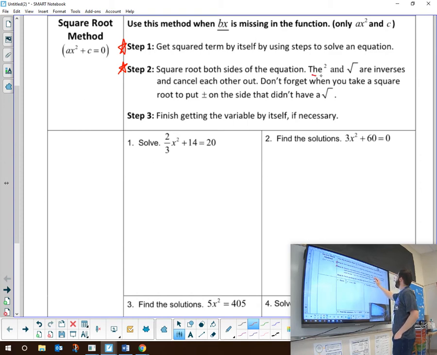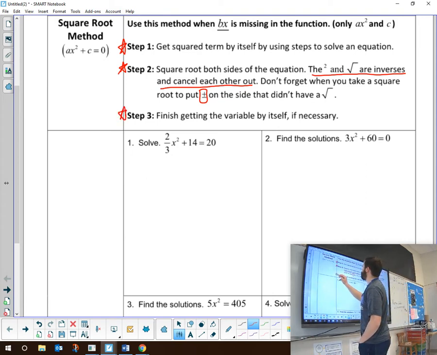The squared and the square root are inverses and cancel each other out. So if you square root a squared number, it cancels the squared out. But do not forget to put the plus or minus symbol on the side that didn't have a square root. Step 3, finish getting the variable by itself if necessary.